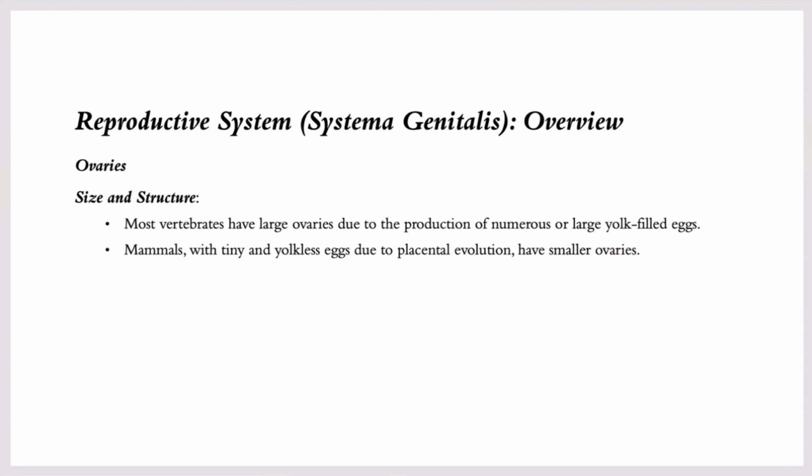Because of this, now that they have the placenta, these eggs can afford to be smaller and to have less yolk or no yolk at all. So because we produce smaller eggs, we also have smaller ovaries.